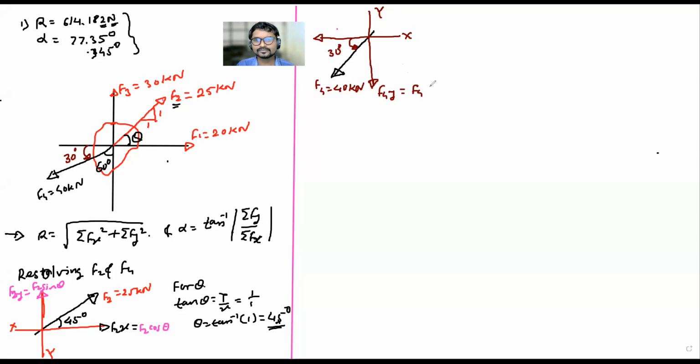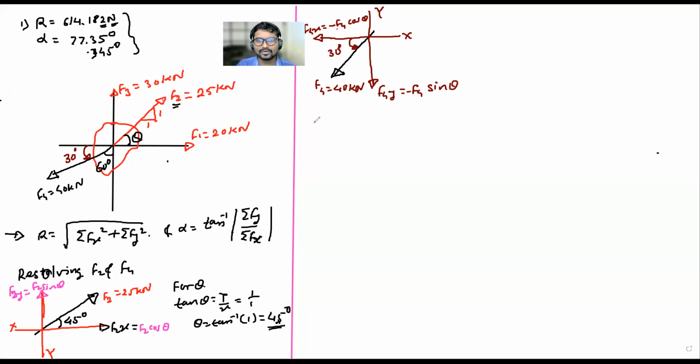F4 sin theta, साइन 30. आता प्लस की मायनस रे? Minus. It will be a minus. Okay, then this will be F4X plus या minus? माइनस. Minus F4 cos theta.